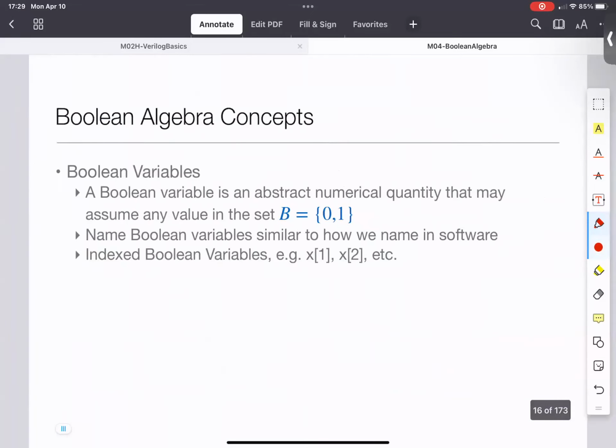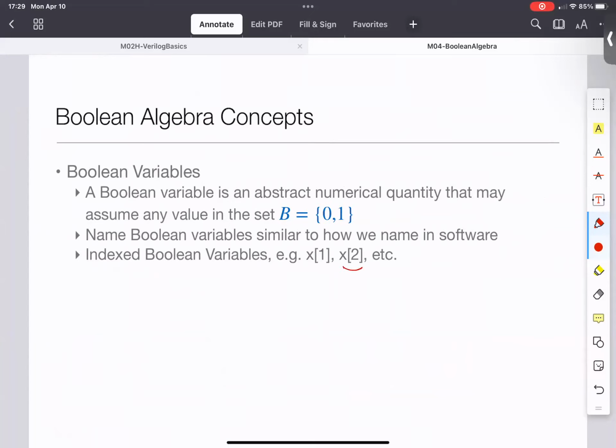So, Boolean algebra concepts. Essentially all variables in Boolean algebra take values from a two-valued set, typically 0 and 1. We can name variables much like we name variables in software, and we can index variables like x1, x2.